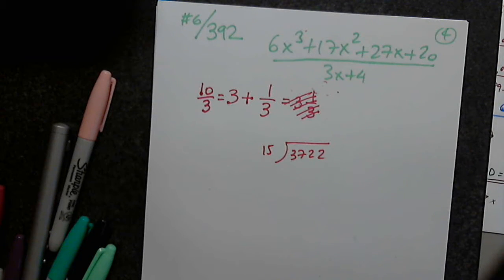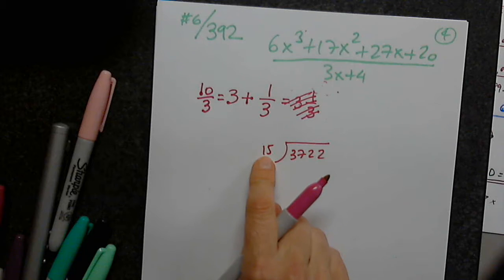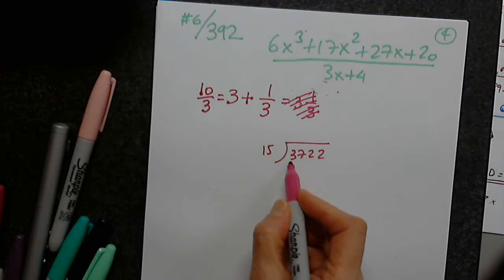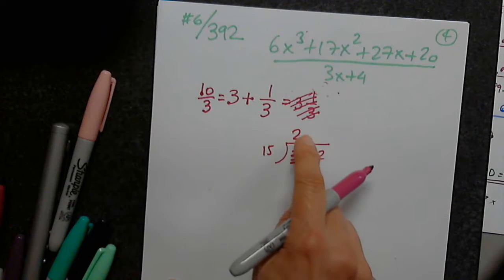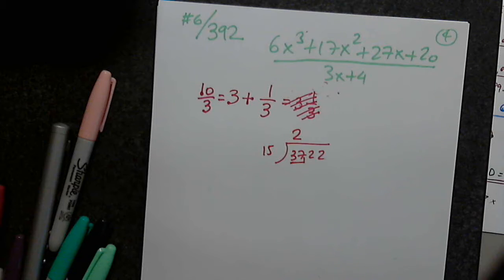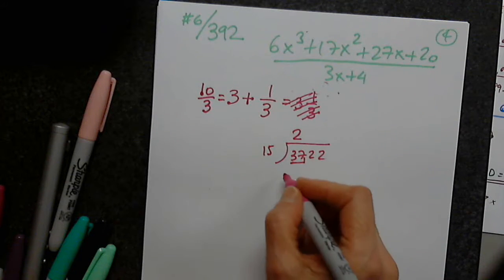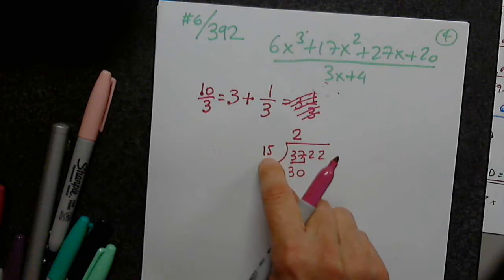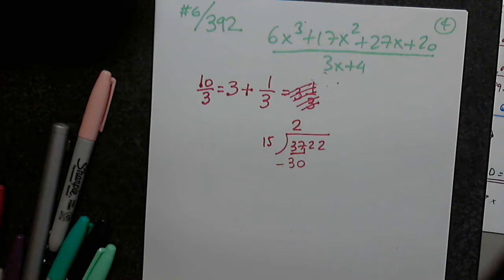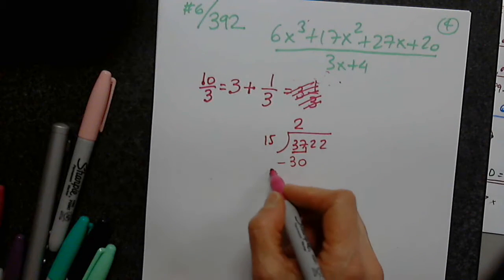My first question to myself is, 15 goes into 37 how many times? I'll say 2. Then I multiply 2 times 15, and that's 30. But it's positive 30. I have to change the sign because I have to subtract. Although 2 times 15 is not negative 30, I must change the sign.